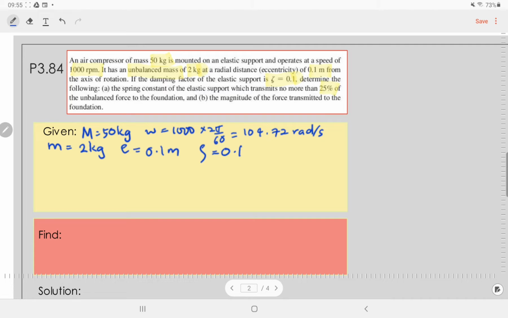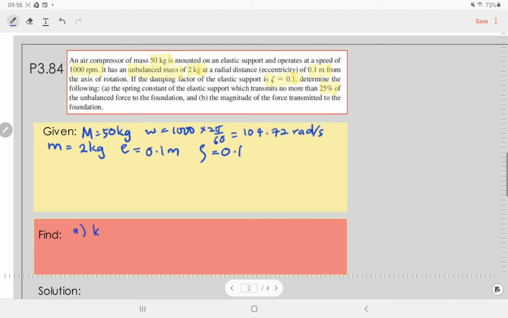So in this case, they put a condition where you have to find the spring constant of the elastic support, okay, which is your K. So what you find is your K if the transmitted force is no more than 25%.